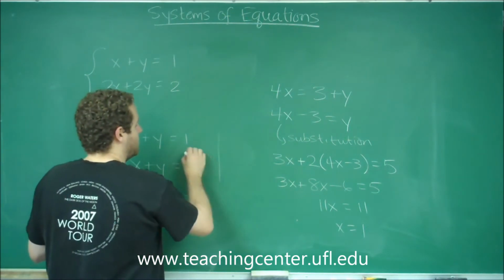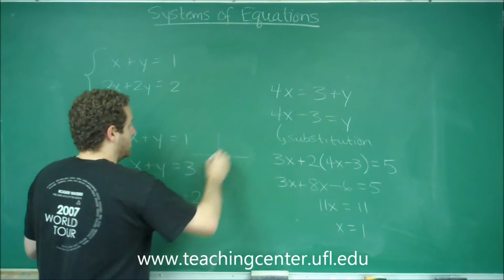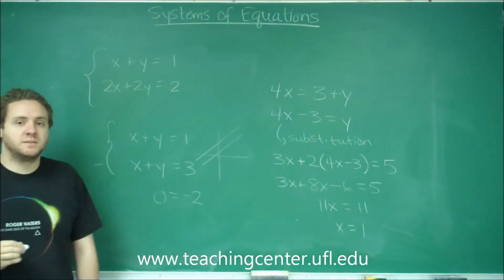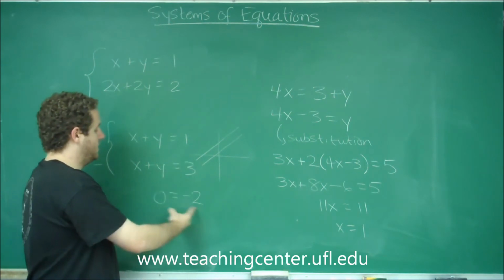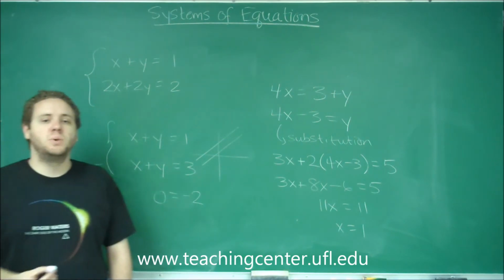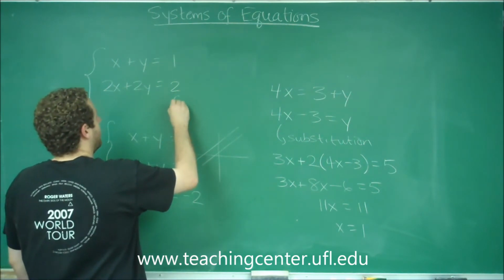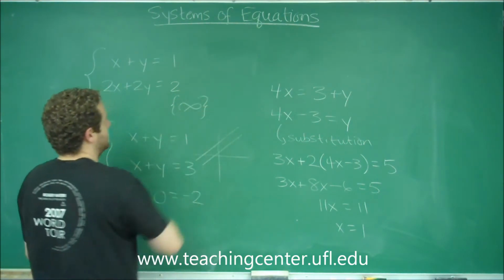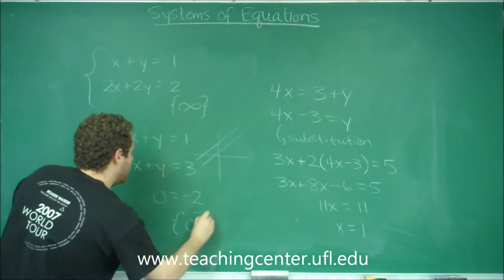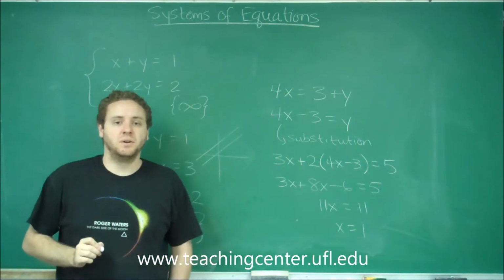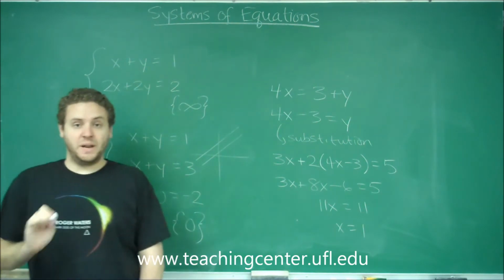If you were to graph this, you would have parallel lines that never cross. So if you do your work and you get down to something that doesn't make any sense, that means you have no intersection. There's no solution. So here you have infinitely many solutions, here you have 0 solutions, and most of the time in a linear system, you're going to have one solution.